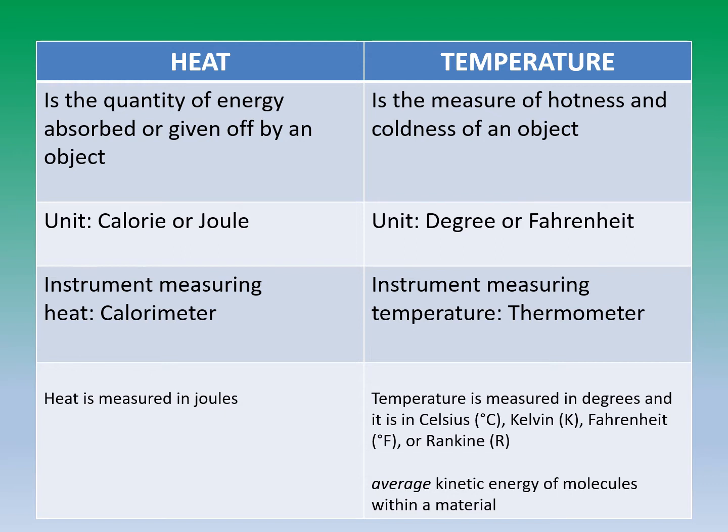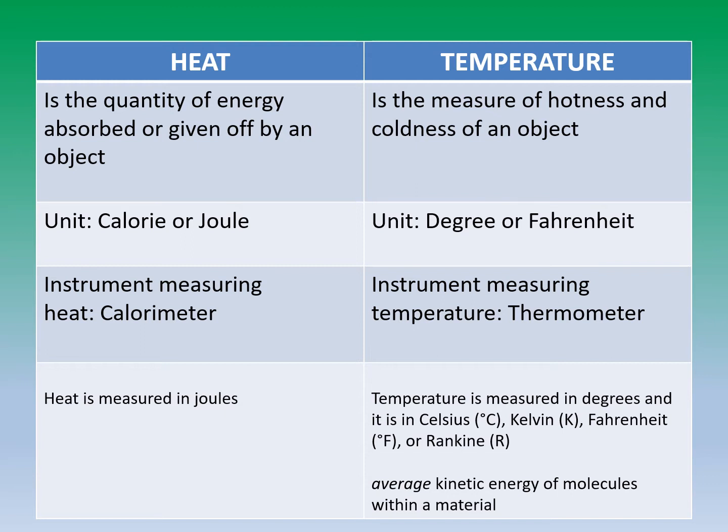The unit used for heat is the calorie or joule. For temperature, we use degrees Celsius or Fahrenheit, and sometimes Kelvin. The instrument used for heat is a calorimeter, and for temperature, we use the thermometer.